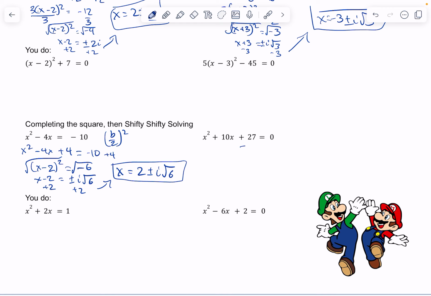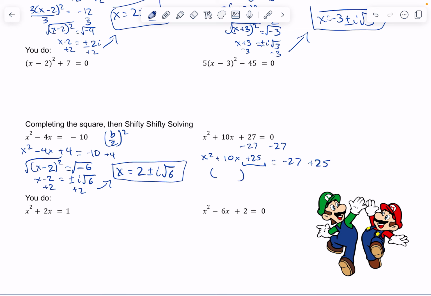All right, let's bring this out to the other side because I want to complete the square here. And I'm going to have x squared plus 10x. I'm going to give myself space. So negative 27. What's my magic number that I'm going to add in? Plus 25 on both sides.